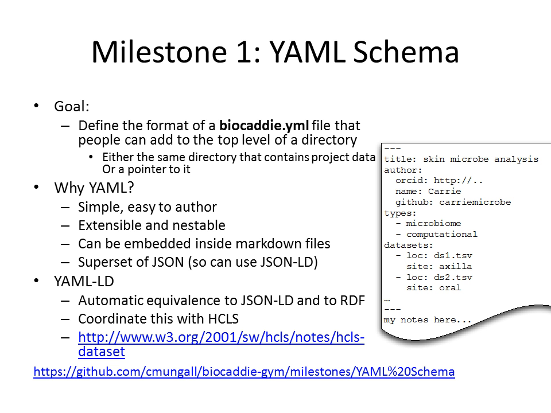So the first milestone is to define this YAML format that people can use to drop files in the top of their repository. The idea to use YAML is it's simple, it's easy to author, it's nestable, and one really nice feature is that it's a superset of JSON, and JSON is very widely used for machine-to-machine exchange on the web these days.